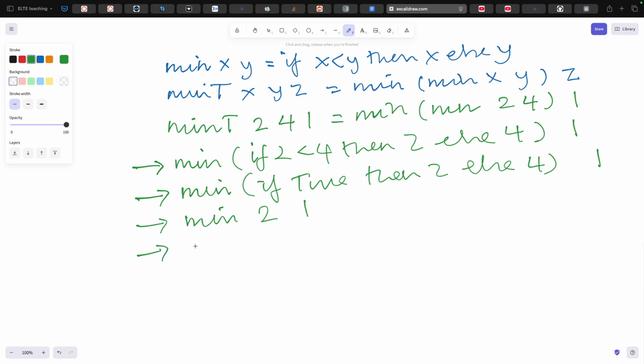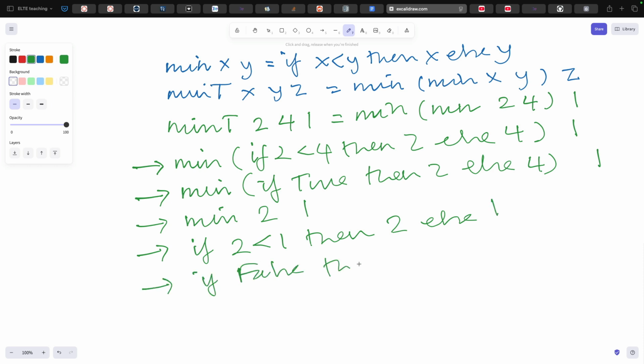Now by the definition of min of 2 and 1, that's if 2 less than 1, then 2, else 1. And that is if false, then 2, else 1, which is 1.